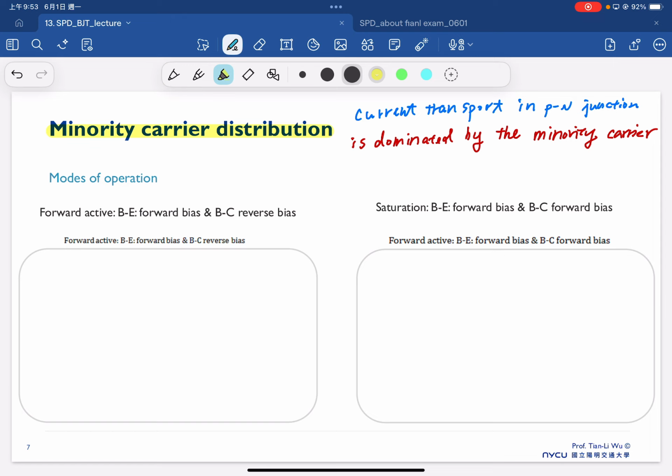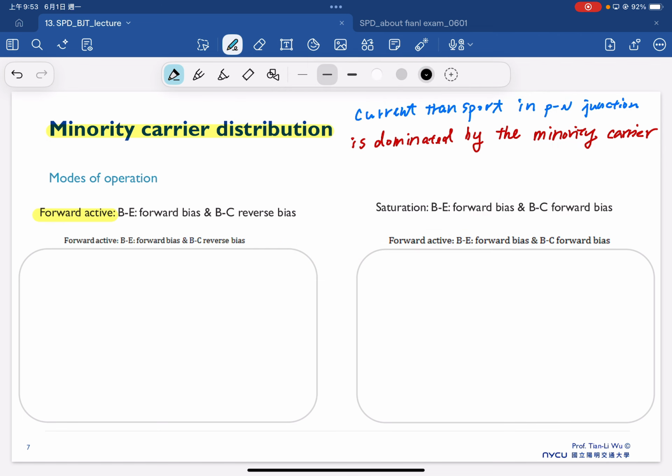We need to spend a lot of time understanding how this distribution looks along the two back-to-back PN junctions. The first one we are interested in will be the forward active, which is the condition where the BE junction is forward biased and the BC junction is reverse biased.